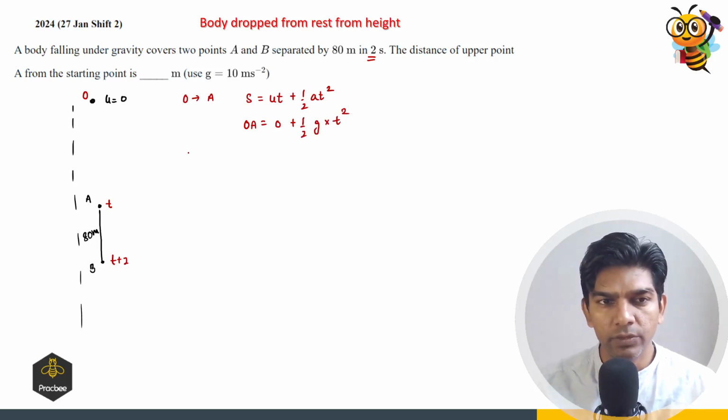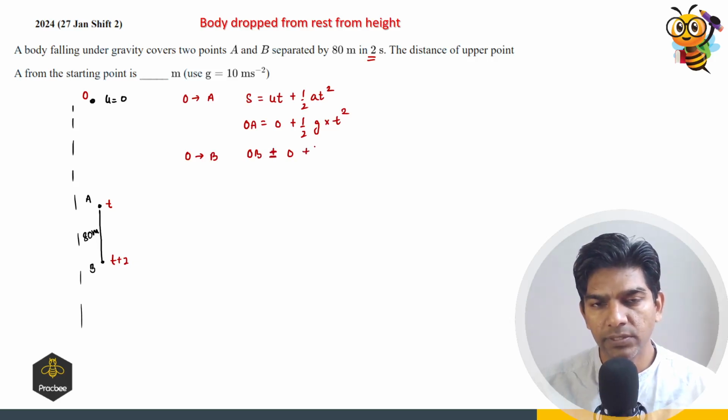If I apply the same equation of motion from O to B, it will be OB equals 0 plus half g times t plus 2 whole square, right?